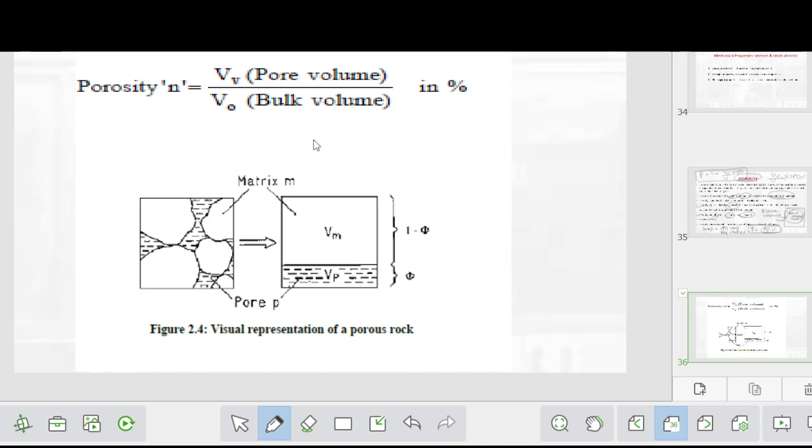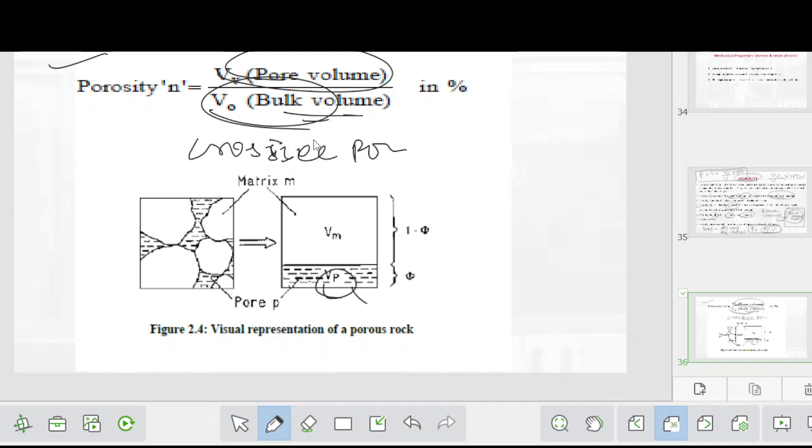So porosity is the volume of void, that is called the pore volume, over the bulk volume. This is the cross section of the porous rock, where this part is the pore volume.